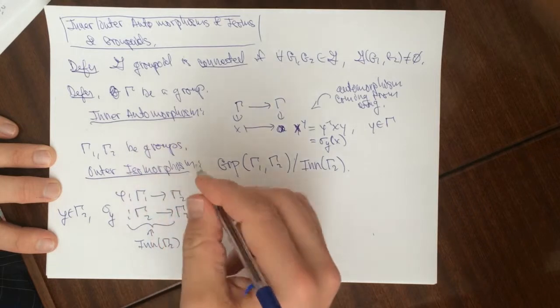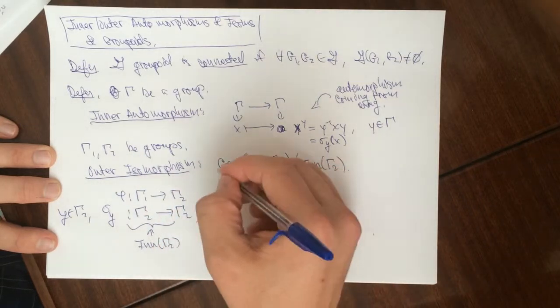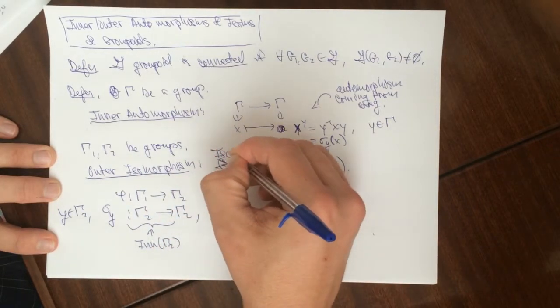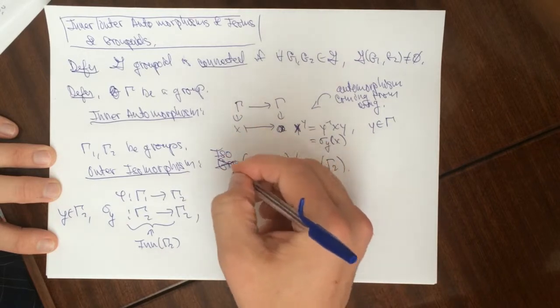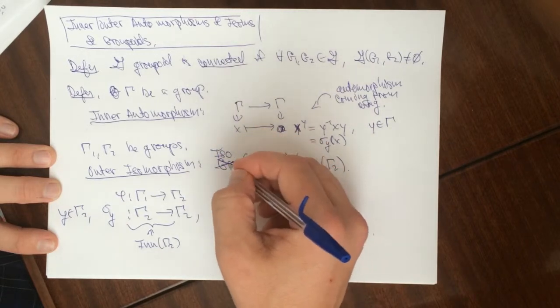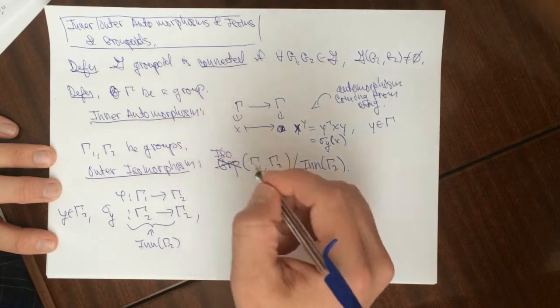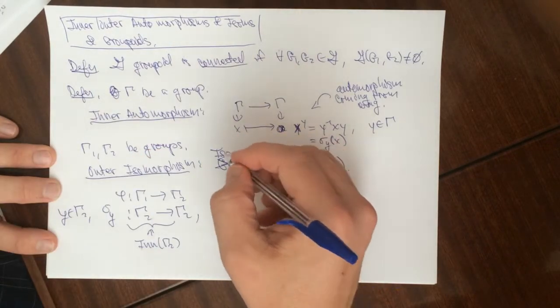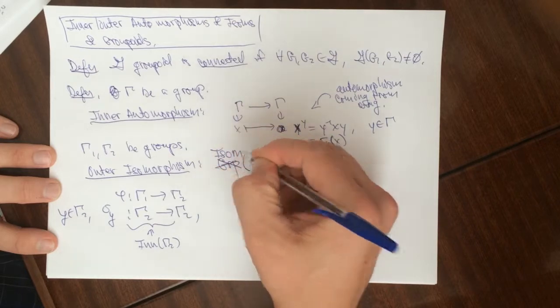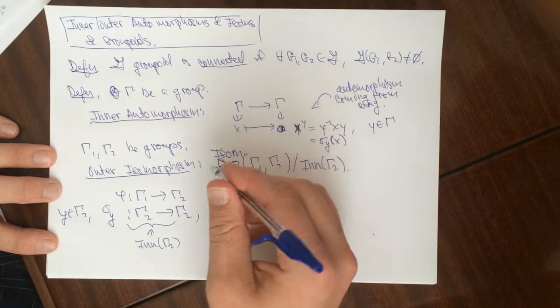Maybe I should say not just group homomorphisms, sorry, this is iso. I guess we could do it for just group homomorphisms, and that would just be an outer morphism, but we'll stick with isomorphism, okay?